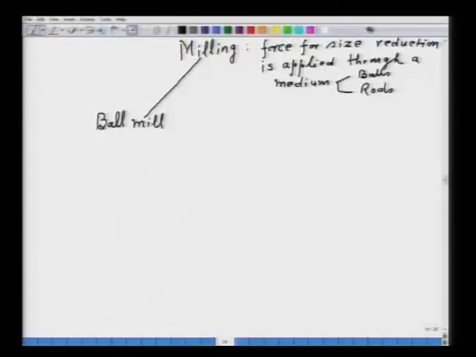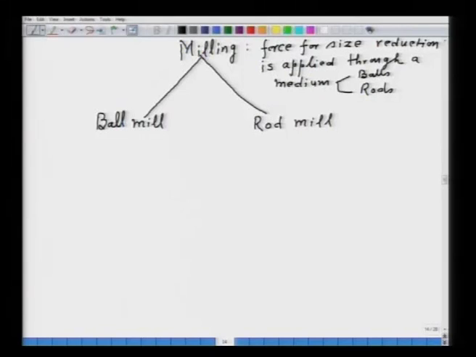You cannot run the vessel at too high a speed or too low a speed; the details you see in any book. Another is called rod mill. In the rod mill, instead of spherical balls, straight rods are used to mill the feed.